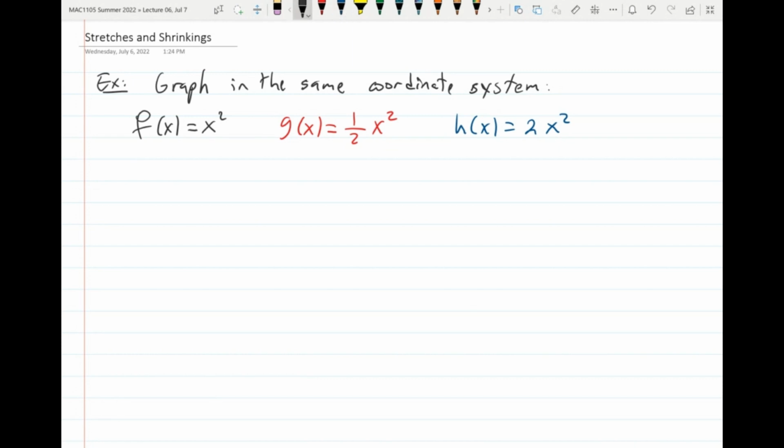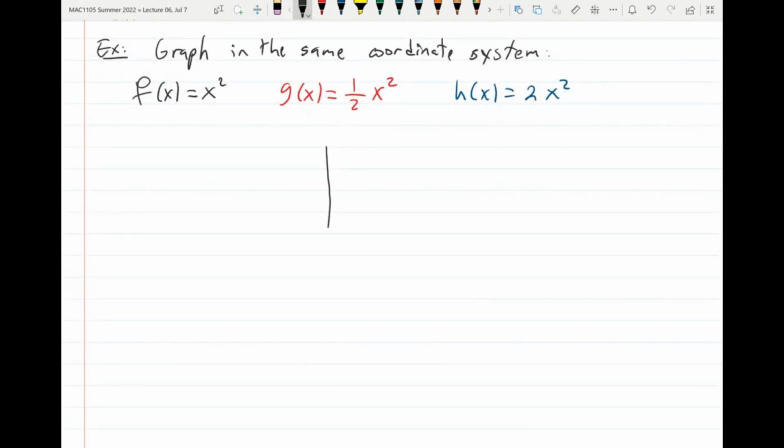So let's see. Here it's convenient to use a bigger scale. So let's declare that this is 1 over here. And if this is 1, then this is 2, and this is 3. 4 is over here.